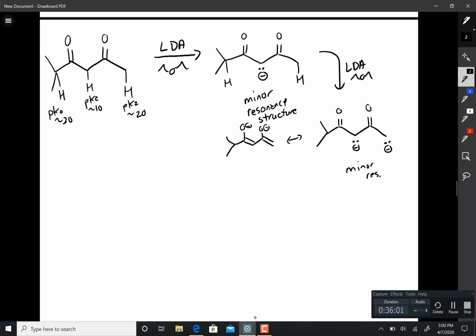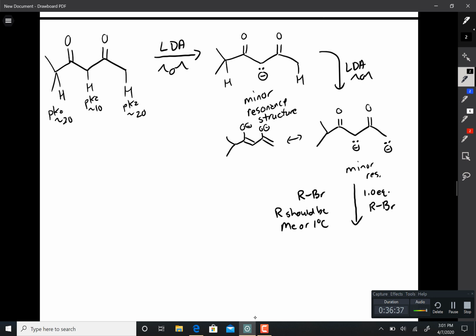Now the neat thing about this type of intermediate is you have two lone pairs. And what you can do is take advantage of this. If you had one equivalent of an alkyl halide, and here the R group should be methyl or primary carbons.